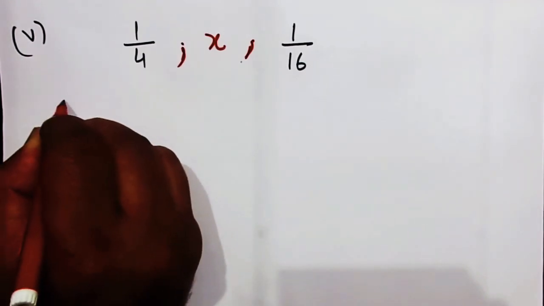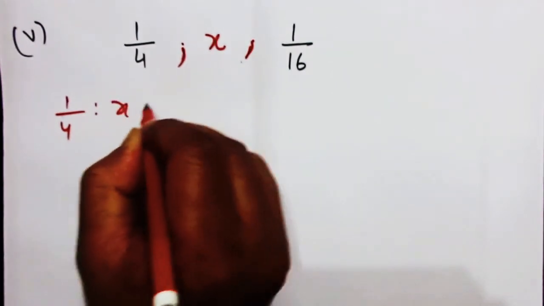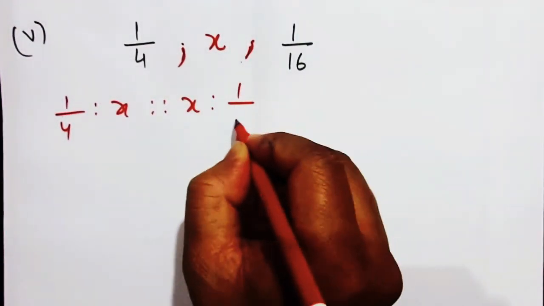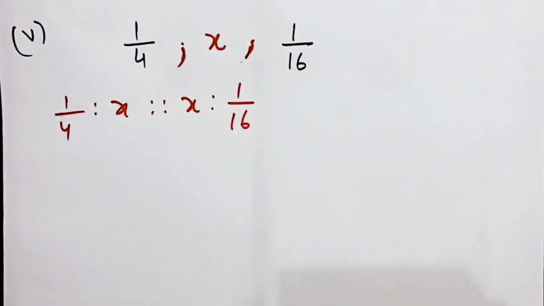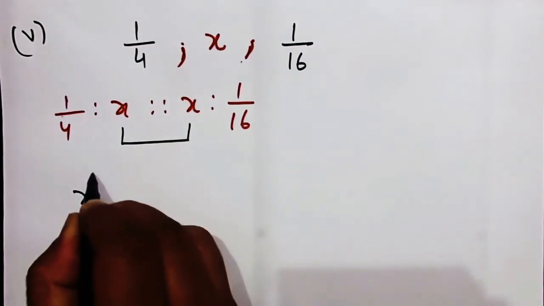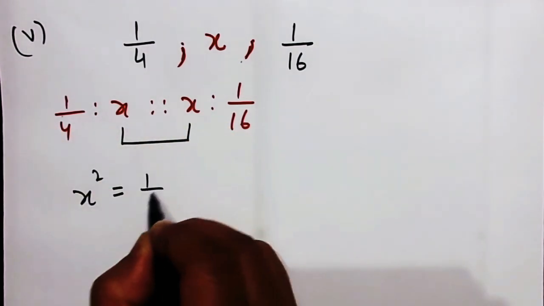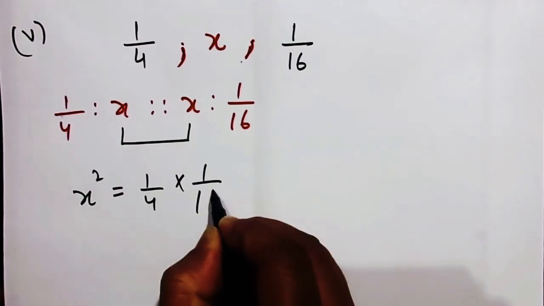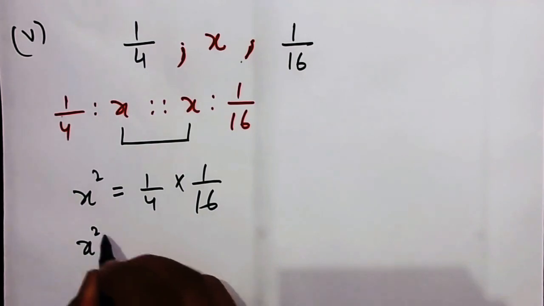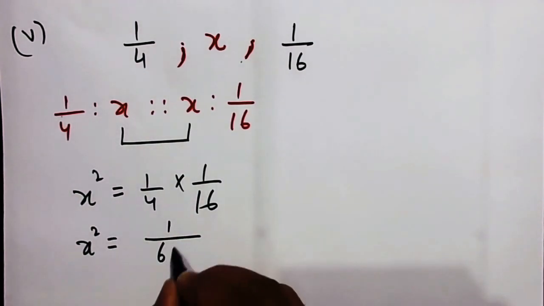Therefore 1 by 4, the ratio of the first and the second should be in proportion to the second and the third. Let's multiply these two. So x square will be equal to the product of extremes, 1 by 4 into 1 by 16. Therefore x square will be 1 by 64.